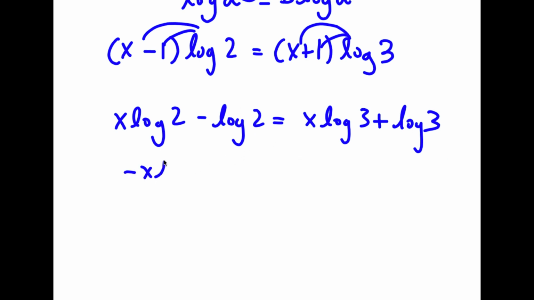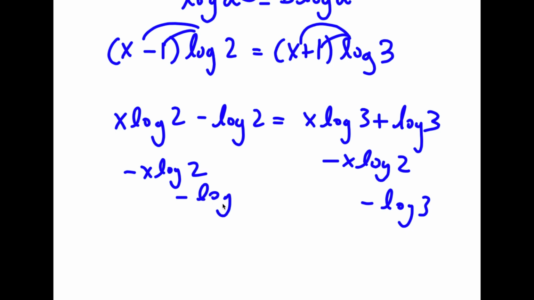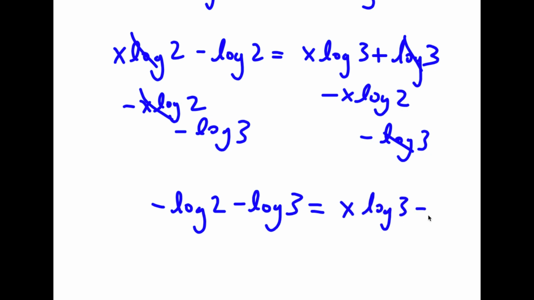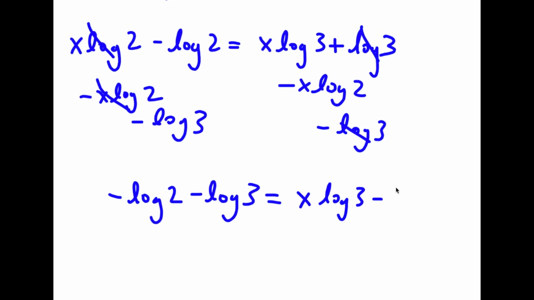Now I'm going to subtract x times log 2 on both sides and add log 2 on both sides, subtract log 3 on both sides. So then these two cancel out, and I have negative log 2 - log 3 is equal to x times log 3 - x times log 2.